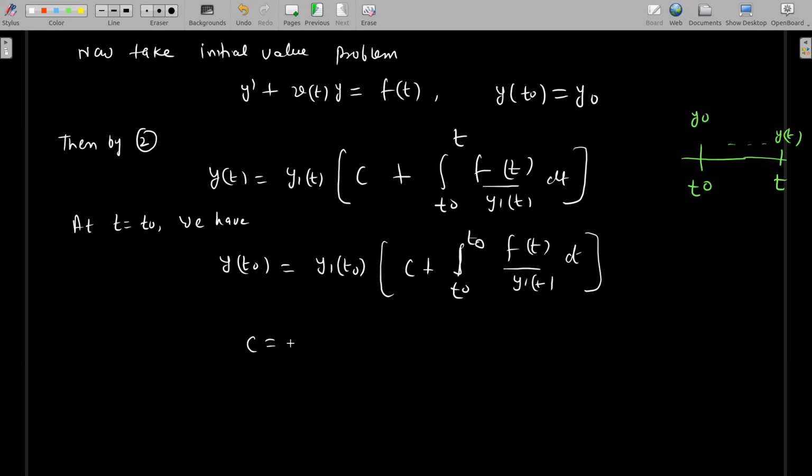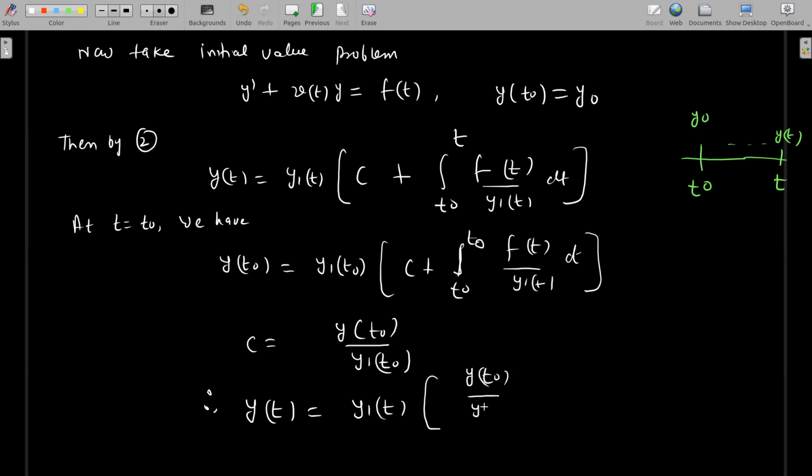So C is y at t naught divided by y1 at t naught. Therefore the solution is y(t) equals y1(t) times [constant C, which is now y at t naught divided by y1 at t naught, plus the integral from t naught to t of f divided by y1] at t.